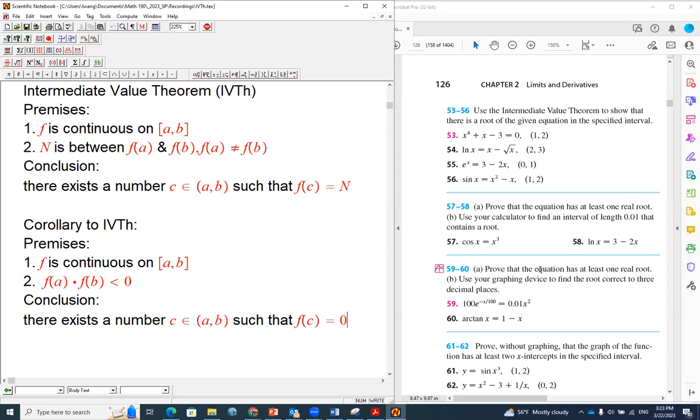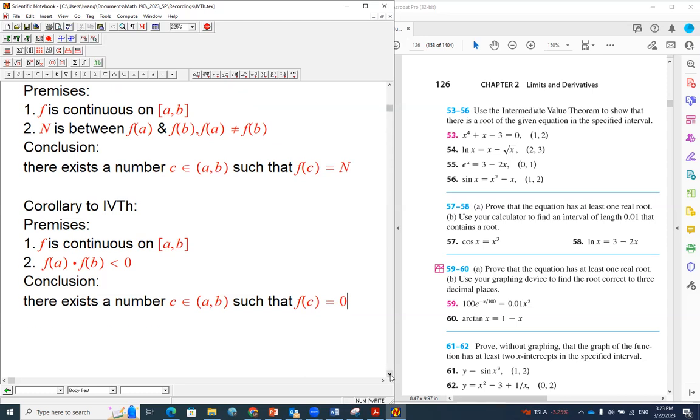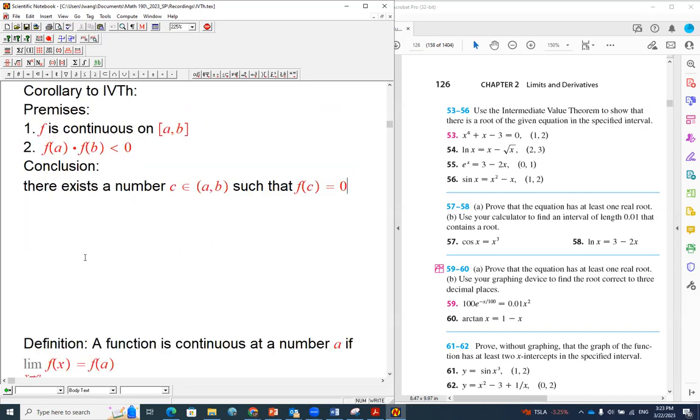If the interval is not given, then we have to find it. How do we find it? Try it. But since we know we're going to use the theorem, we just try to find those A, B such that the conditions are satisfied. So let's look at the first one, number 53, the first example.